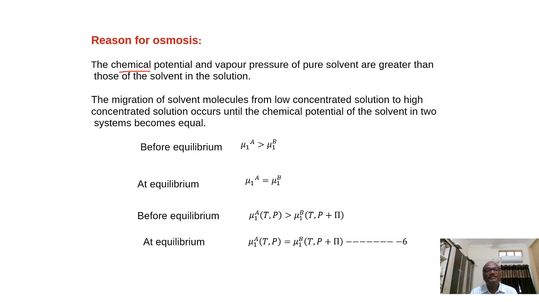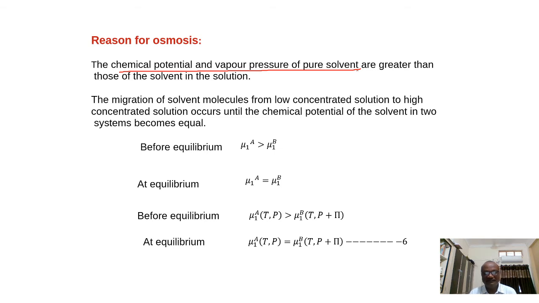Remember, the chemical potential of pure solvent will be greater than the chemical potential of solvent which is present in the solution. Similarly, the vapor pressure of the pure solvent will be greater than the vapor pressure of the solution. Two things we are observing: one is chemical potential as well as vapor pressure. Both of these will be greater for a pure solvent compared to the solvent which is present in the solution at the same temperature.